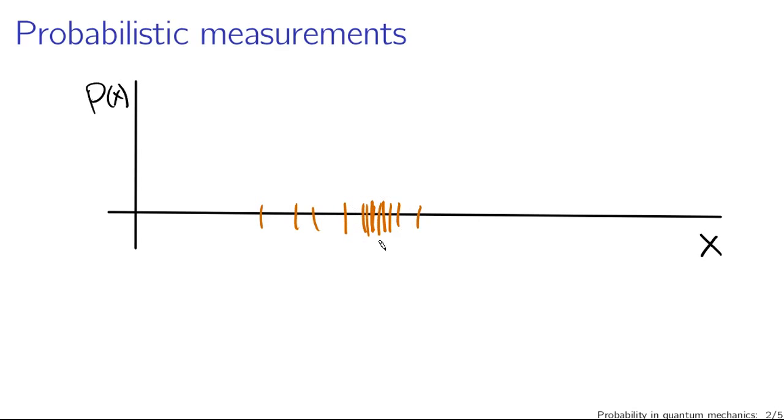So I would expect P of x as a function to be larger here, where there's a lot of measurements, and 0 here where there's no measurements, and relatively small here where there's few measurements. So P of x might look something like this. The height of P of x here tells us how likely we are to make a measurement in a given location. This concept of a probability distribution is intimately related to the wave function.